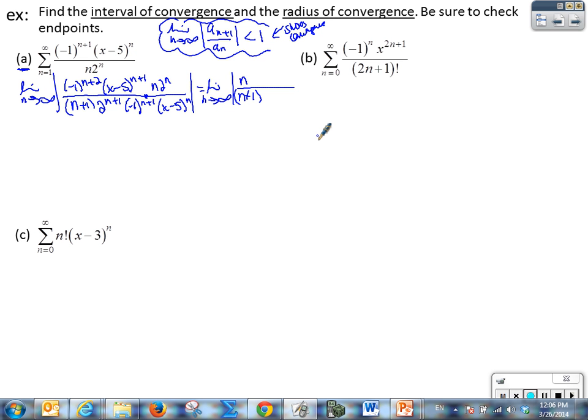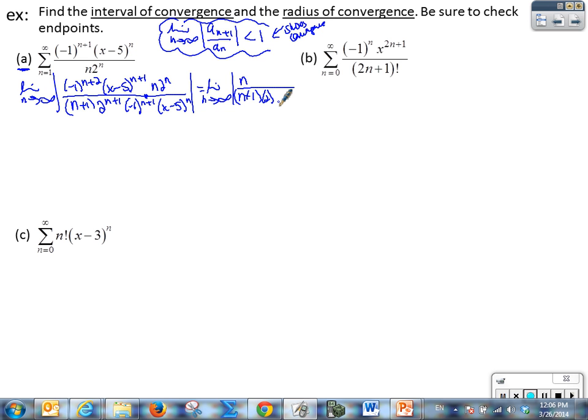So let's work on the 2's. I have a 2 to the n plus 1 in the denominator and a 2 to the n in the numerator. So think of going backwards like we were doing in the last unit. This turns into 2 to the n times 2 to the first. The 2 to the n's cancel, and I'm left with a 2 in the denominator.